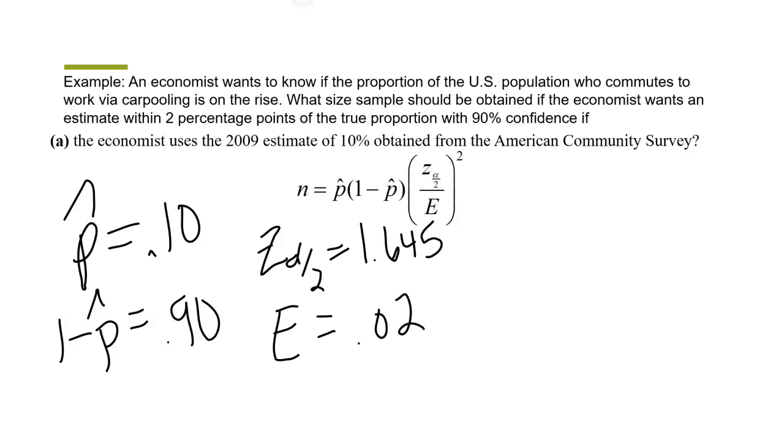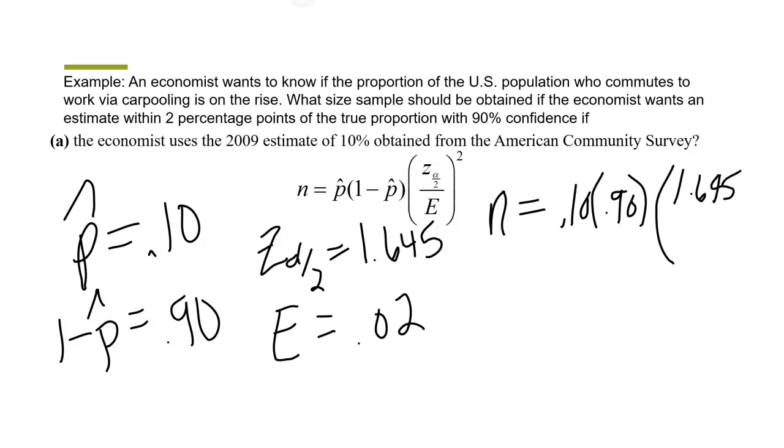We have identified each part of the formula, so now we plug it in. N equals p hat, 0.10, times 1 minus p hat, 0.90, times our critical value, 1.645, divided by our margin of error, 0.02, squared. That's 1.645, not a 9, a 4.